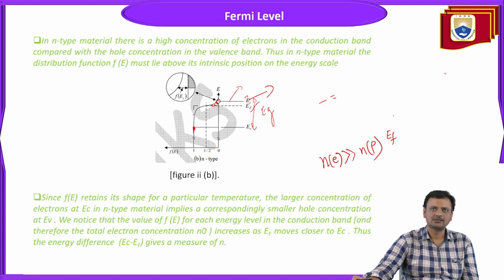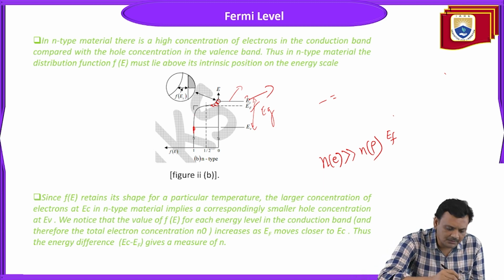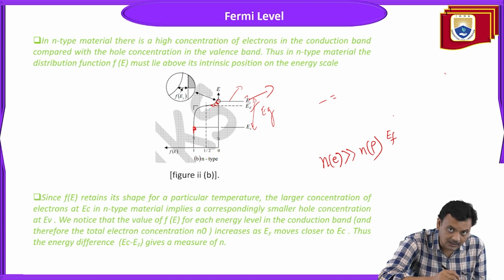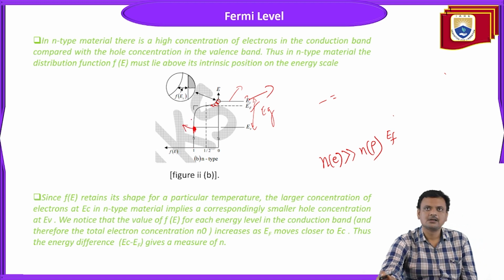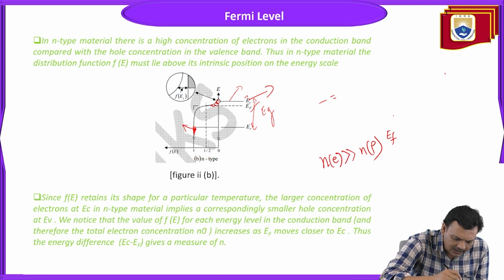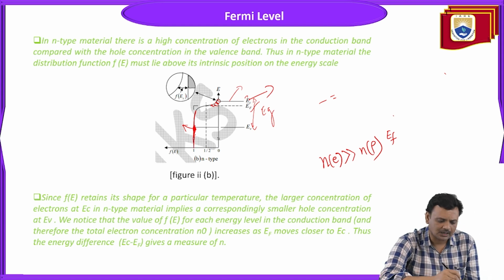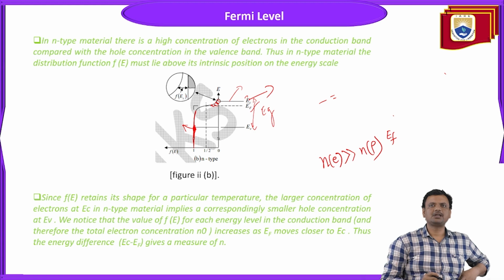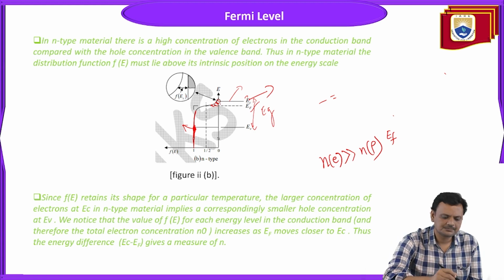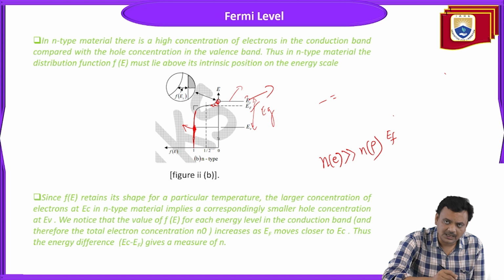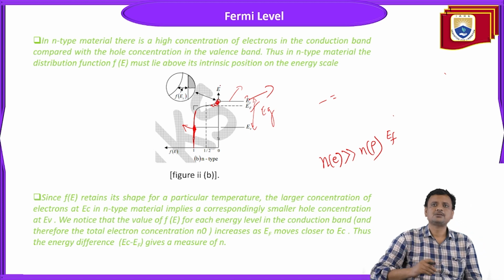If the level is unoccupied here in the valence band, then there is a chance that a hole can be created here. Now see here, you are getting a completely flat f of E, and it is nearly 1, means all the levels are completely filled. But here you are able to see there is some chance that these levels are filled.